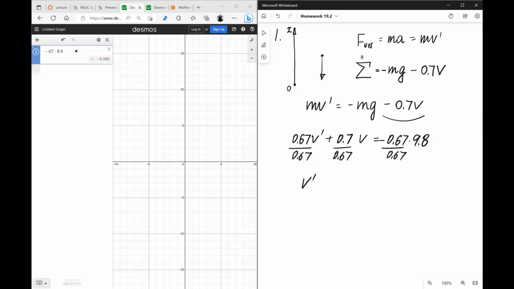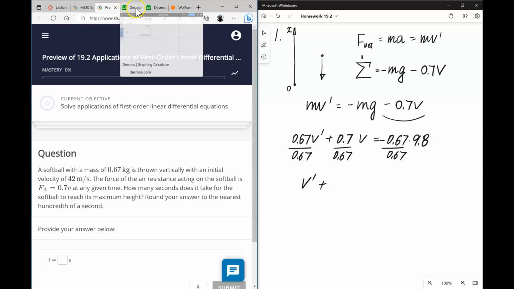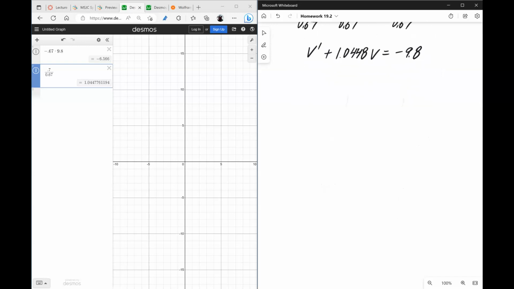So we have V prime plus, here we have 0.7 divided by 0.67, which is 1.0448 V, is equal to negative 9.8. And this is the differential equation that we are going to have to solve.